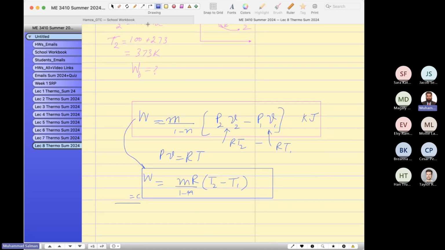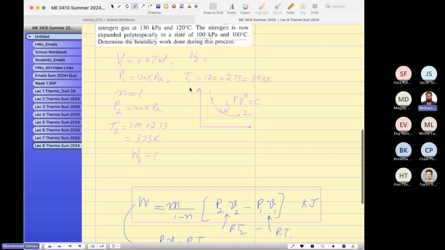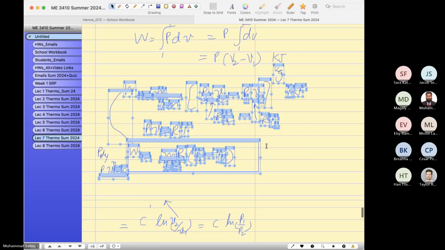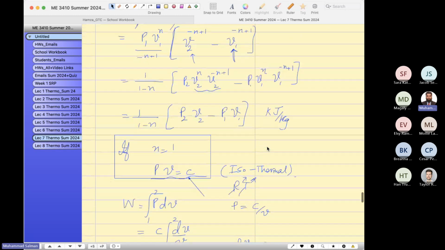So in order to solve this question, what is V2 and V1? We can find it out. Look, the mass is not given directly, but if you apply the gas equation, V1 equals mRT1 over P1. And what is the R value for nitrogen?